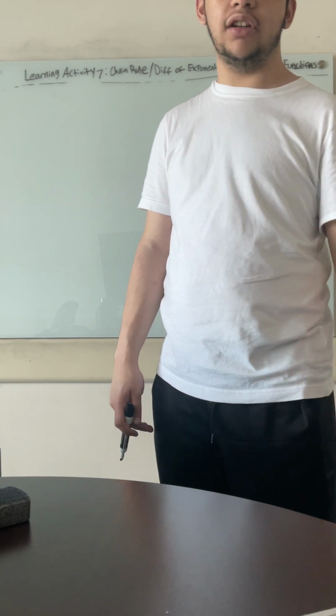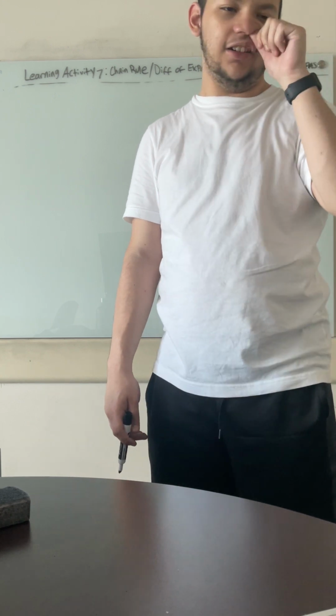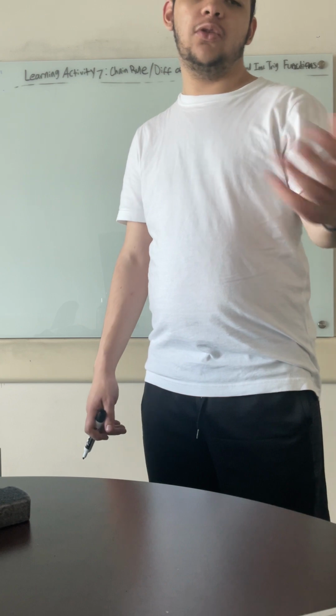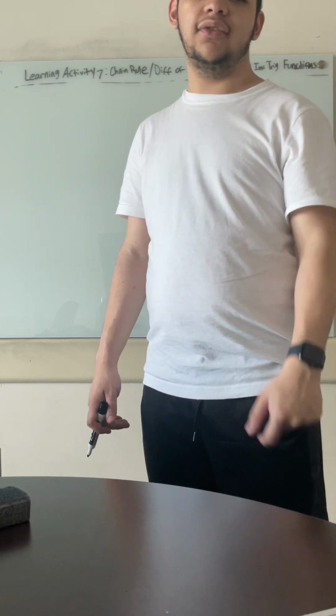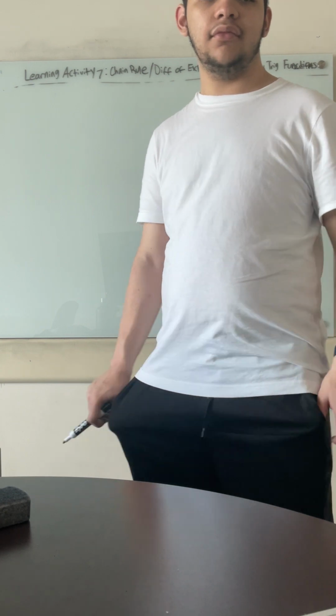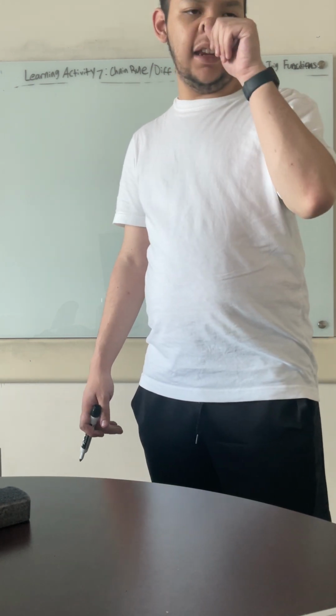So essentially what we're going to be doing in this problem is trying to prove that the quotient rule of derivatives corresponds to the end result of the function.